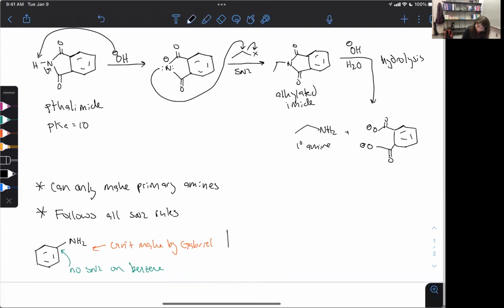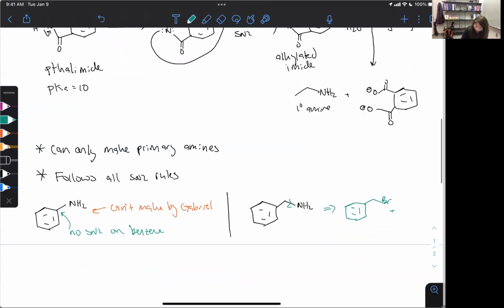Okay, if we look at another example though, if we just brought in the benzyl bromide, sorry. If we want to make this, that's fine. So we can make that by breaking it down into benzyl bromide plus our phthalimide.